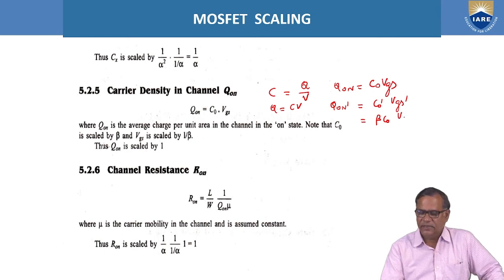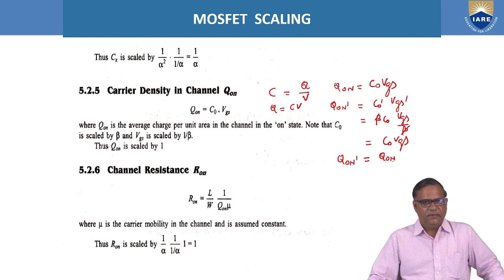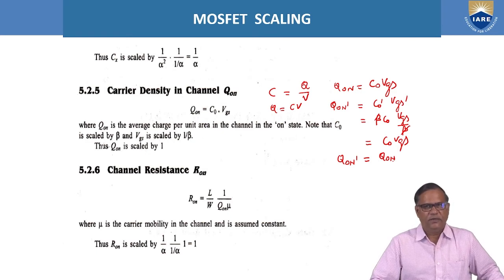So VGS dash is equal to VGS by beta. So they get cancelled and you get the same C naught VGS. That means Q on dash is equal to Q on. So scaling does not change the carrier density in the channel. It remains unaltered.